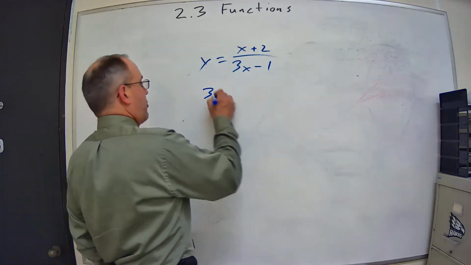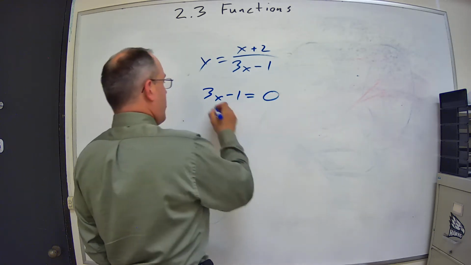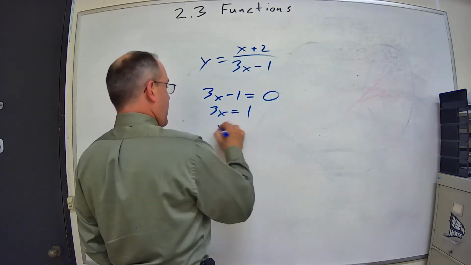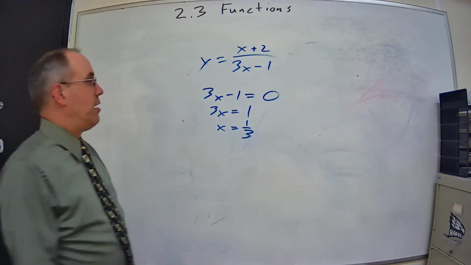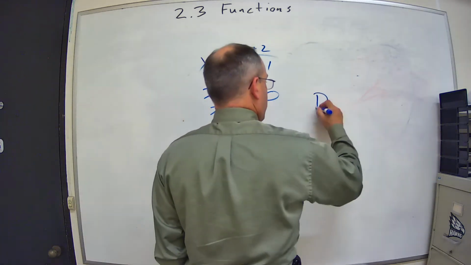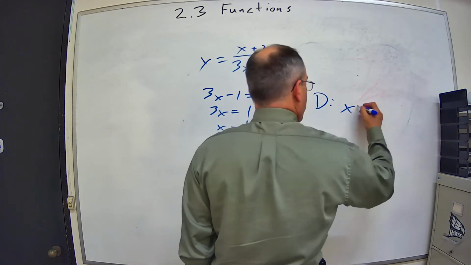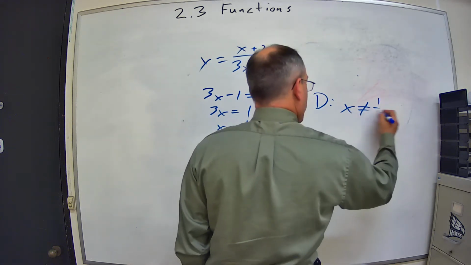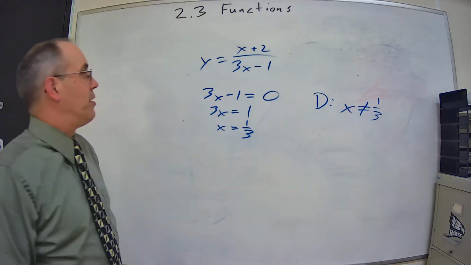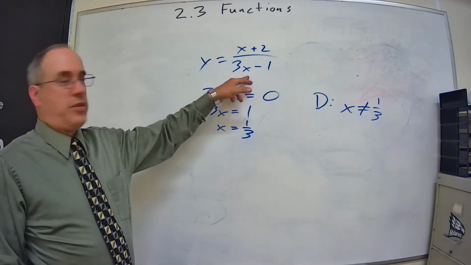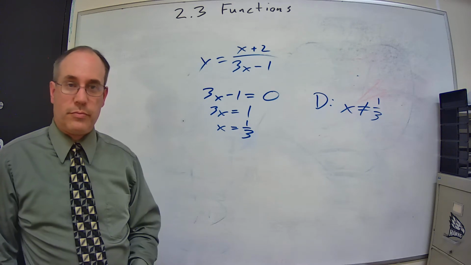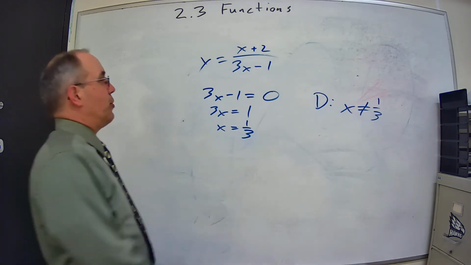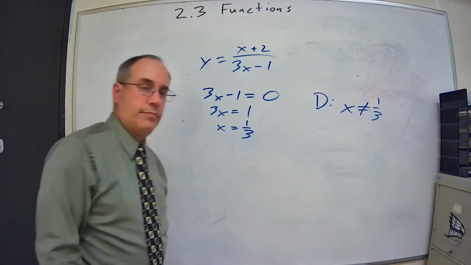So we have to look at 3x minus 1 equal to 0, 3x equal to 1, x equal to 1/3. So basically the domain of this is all real numbers such that x is not equal to 1/3. Because 3 times 1/3 gives us 1, 1 minus 1 is 0, and then we'd have to divide by 0. So we can't allow that to happen.